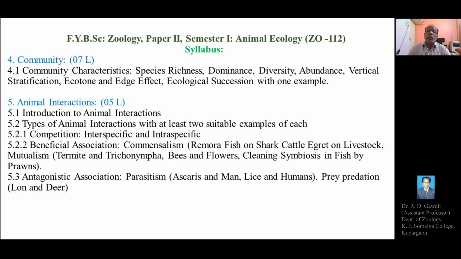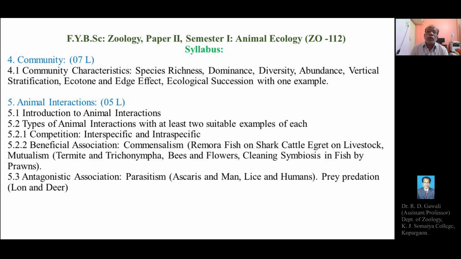And one more subpoint, that is beneficial association, includes commensalism in a remora fish on shark and cattle egret on livestock. Then mutualism, example is termite and Trichonympha. Then bees and flowers, or cleaning symbiosis in fish by prawns.